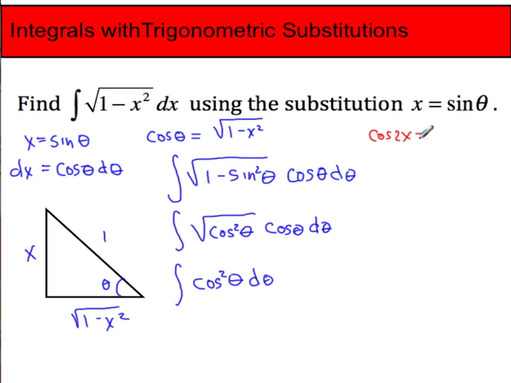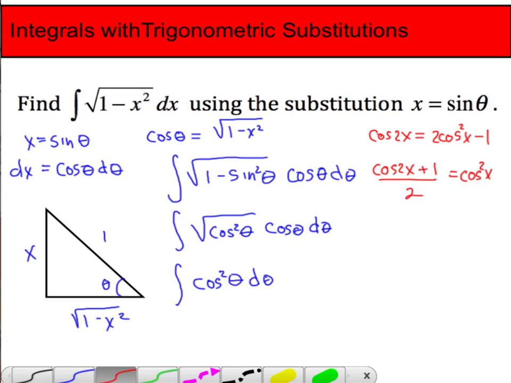Cosine 2x, if you remember, is 2 cosine squared x minus 1. That's straight from your formula booklet. There's 3 options for the double angle, this being one of them. You see here, there's a cosine squared. There's a cosine squared here. So I'm going to solve for cosine squared. So I get cosine 2x plus 1 all over 2 equals cosine squared.